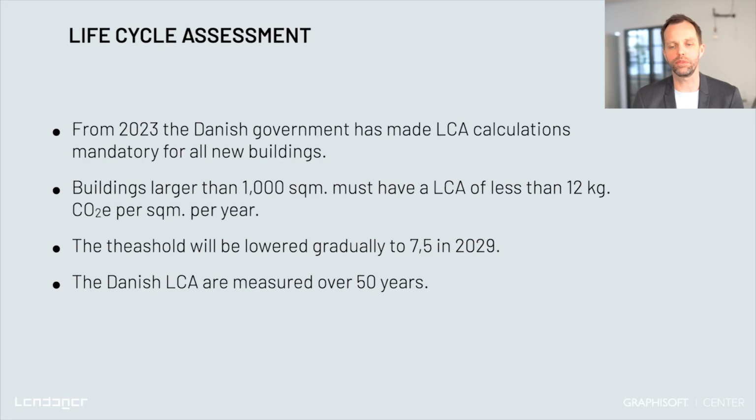And this number, 12, is going to be gradually lowered year by year. So in 2029, we'll end up at 7.5 kilograms of CO2 per square meter per year. And in Denmark, we have chosen to calculate over 50 years. So that's also an important factor in the LCA calculation.